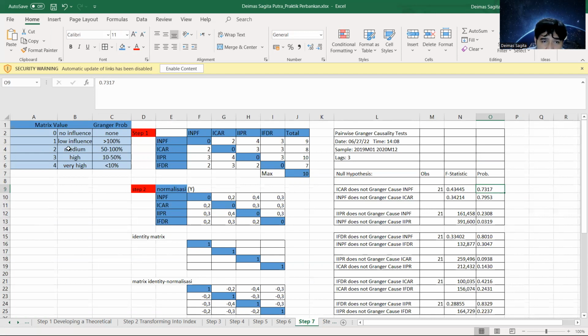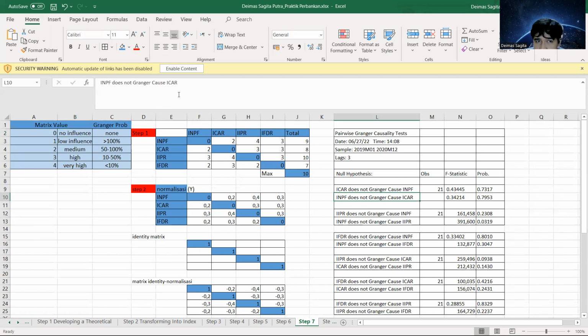It means it's on the medium value in the matrix, so we put here 2, because medium is 2, high is 3, very high is 4, low influence is 1, and no influence is 0.